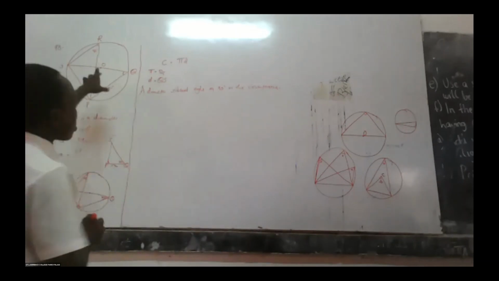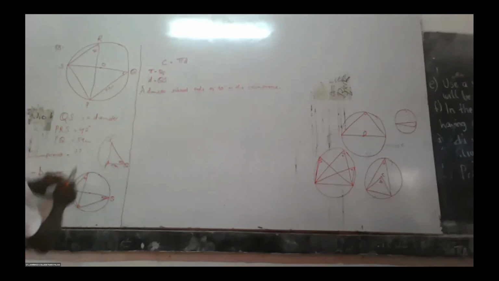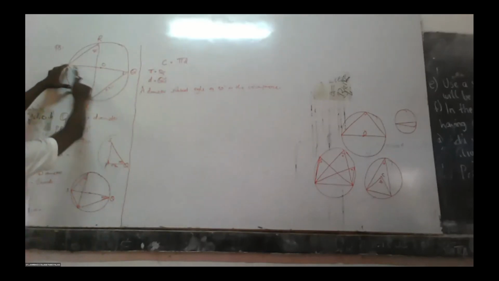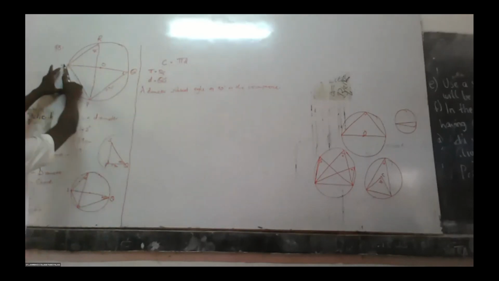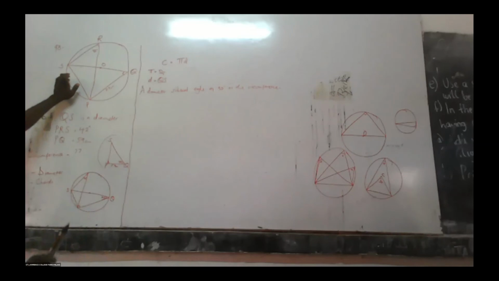So this is where we are going to get our right angle triangle, because in the diagram that has been given to us, they told us QS is the diameter. And in angle properties, never assume a line to be the diameter unless you're told so, or unless you're told that a line is passing through point O, and point O has been stated as the center.